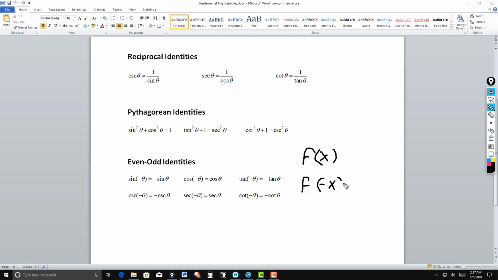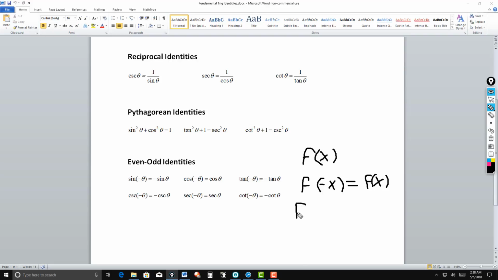So if f of minus x is equal to f of x, in other words, if I evaluate the function at minus x and I get back the same function f of x, then that function is said to be even.